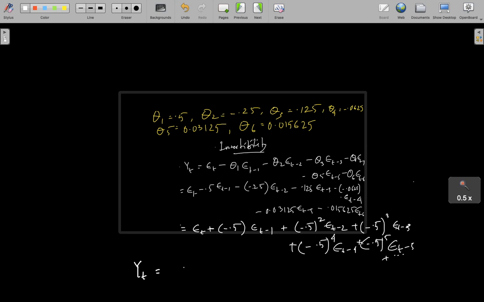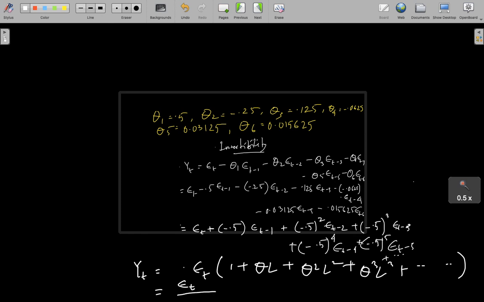If I use a lag expression here, this would be et times 1 plus theta L plus theta squared L squared plus theta cubed L cubed, and so on. Now if I use the GP formula, I get et divided by 1 minus theta L.